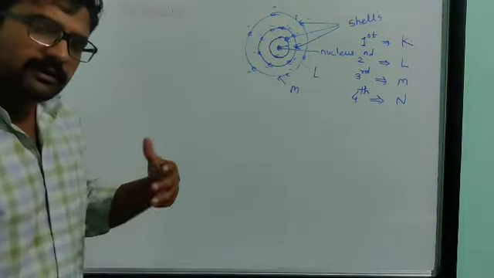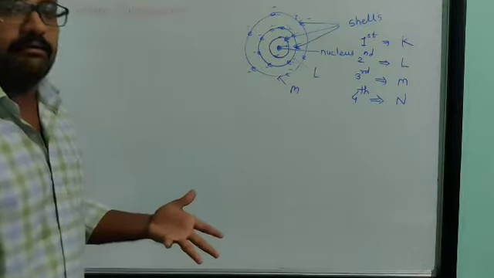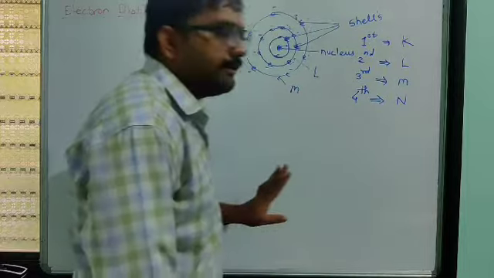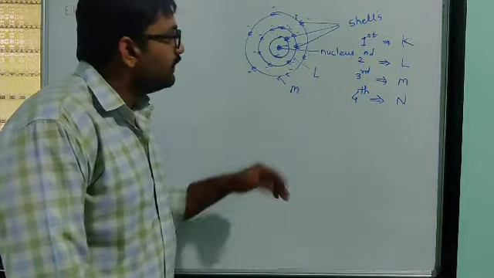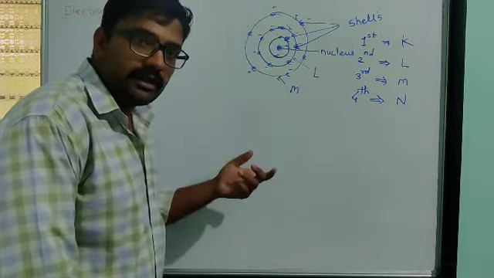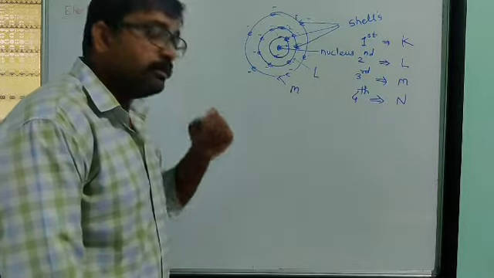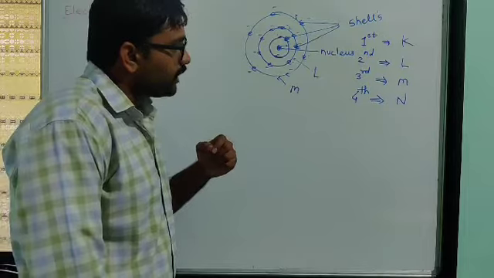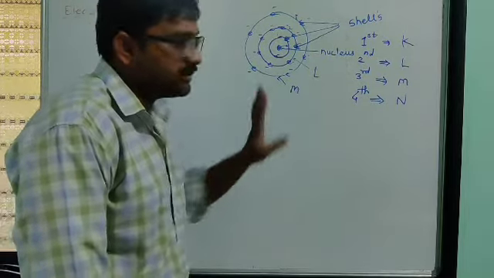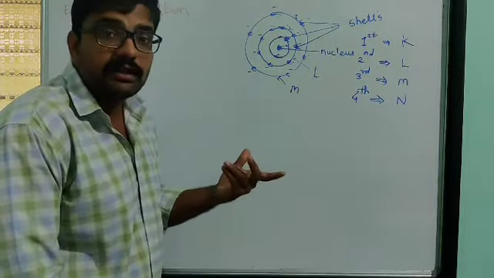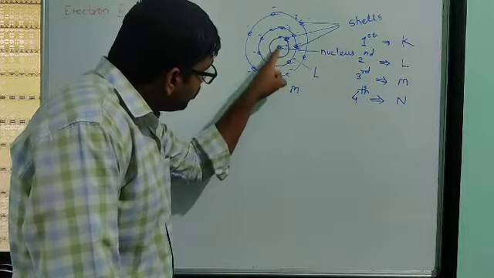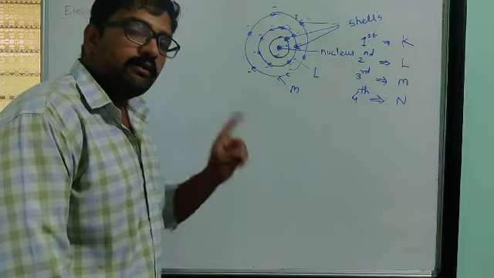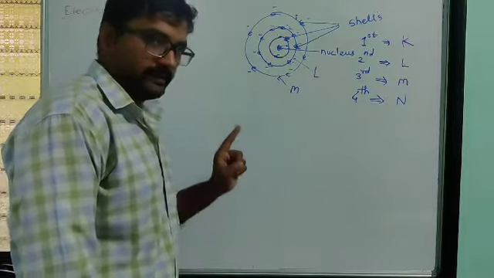Whatever the shell number is, according to that, the letter after K is given as the name of that particular shell. But here you have to remember that we have to start the numbering, or giving names, from the first shell. The first shell is the shell closest to the nucleus, the shell which is first from the nucleus.